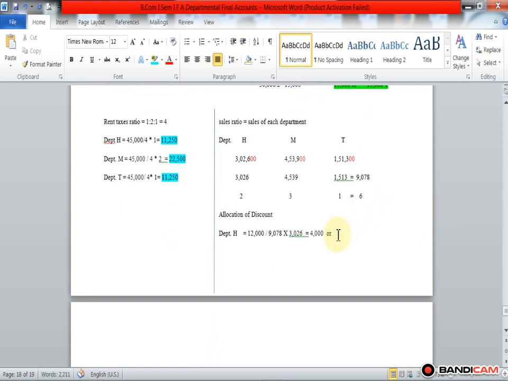So here, 12,000 divided by the total of ratio 6 multiplied by 2 is equal to 4,000. Okay, the amount is the same. 12,000 divided by 6 multiplied by 2 is equal to 4,000.